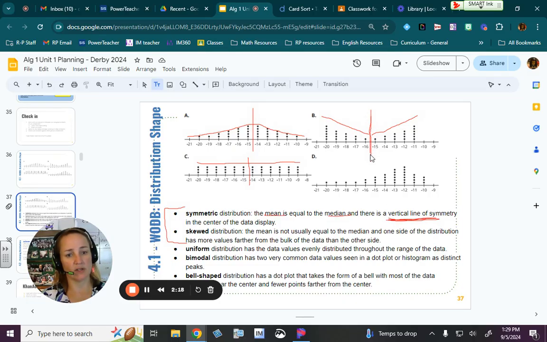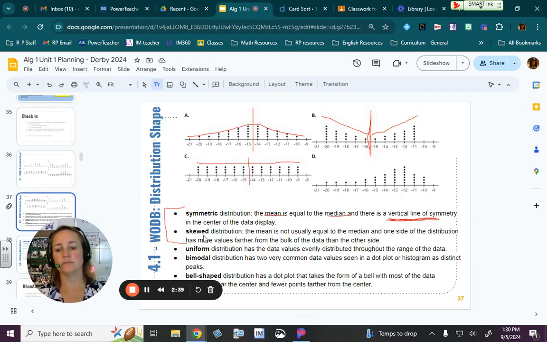So where I've been putting these vertical lines here, that is going to be not only the average of our data set, but also if we counted into that middle number, we would also get to that exact same place. So the mean and the median are equal if our dot plot or our histogram or our box plot is symmetrical.